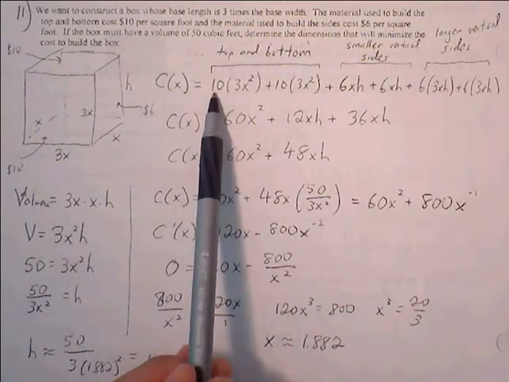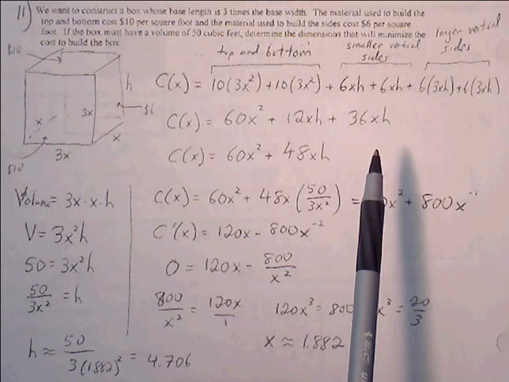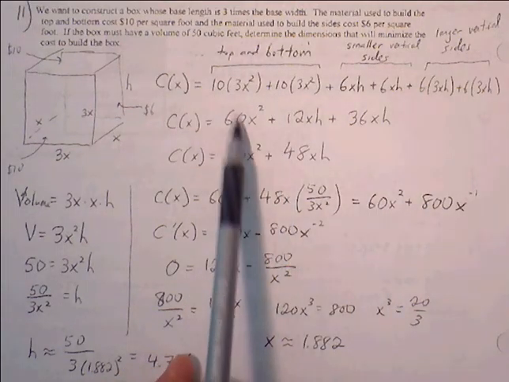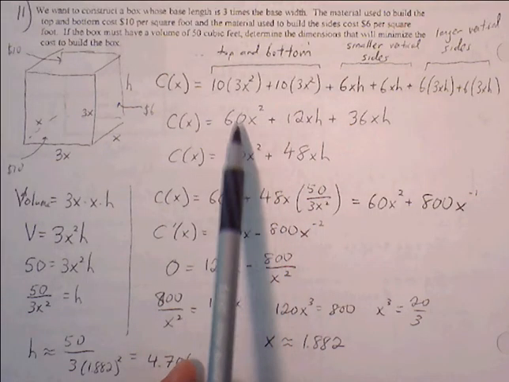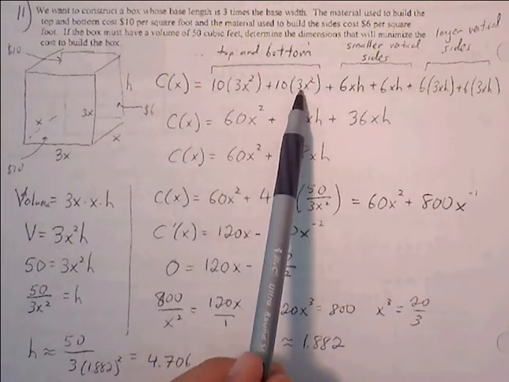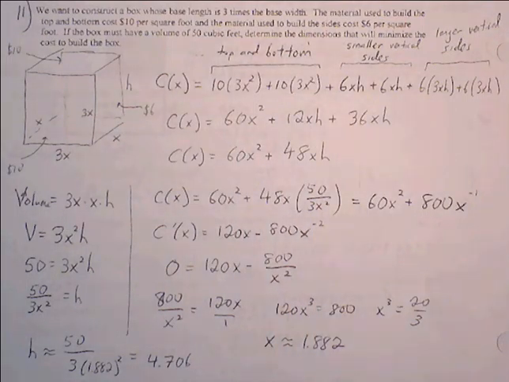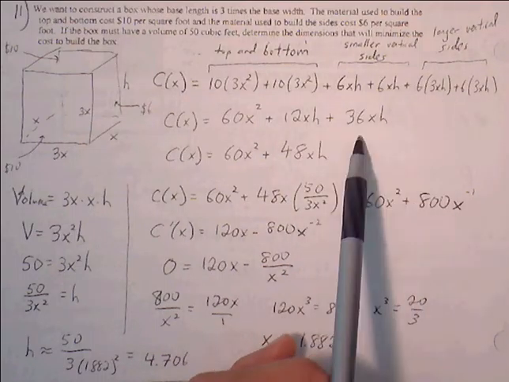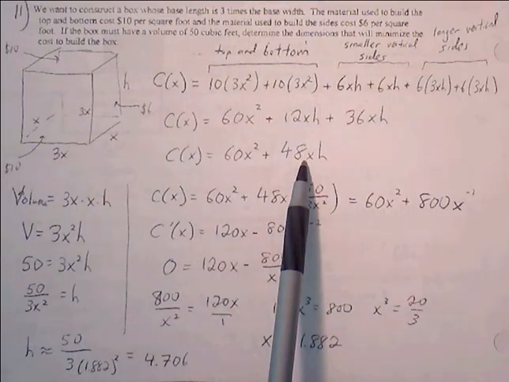Now we have cost associated with all 6 faces of the box, and then we can just look to combine like terms and clean this up. So all the terms without h's we can combine to be 60x squared, and then the smaller side becomes 12xh. This becomes 36xh. Continue to clean this up. We get 60x squared plus 48xh.